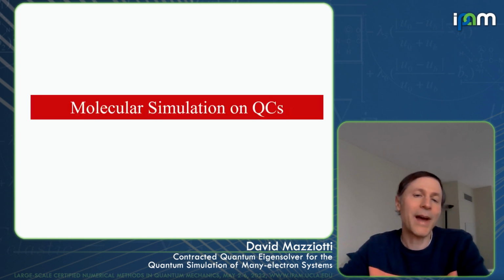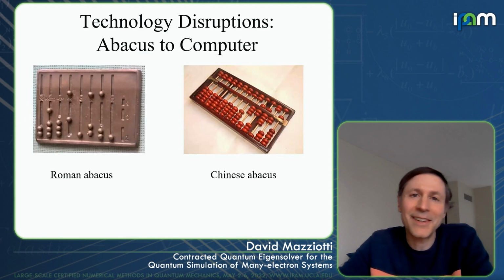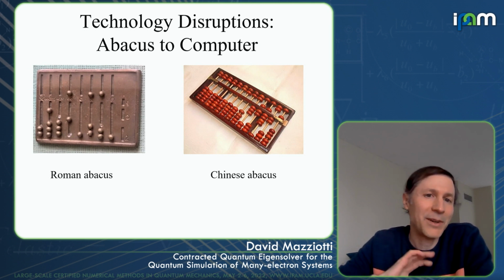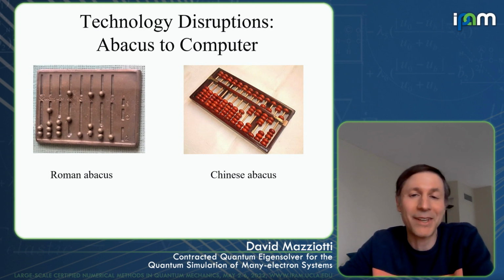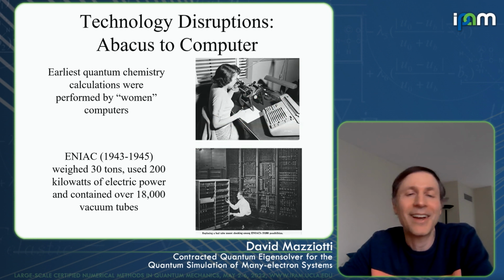So just some brief background. Molecular simulation on quantum computers. Basically, quantum computing has the potential to be a technology disruption. We've seen big advances before, from things as simple as the abacus to, of course, the development of computing.